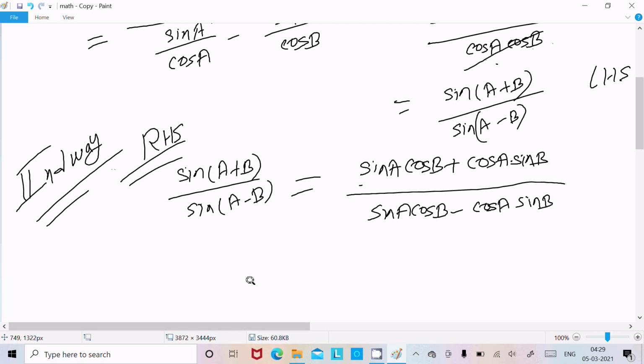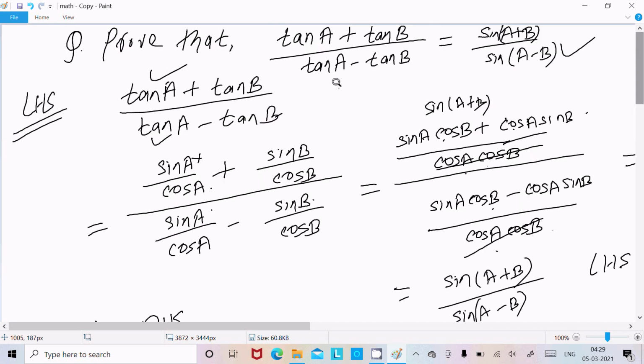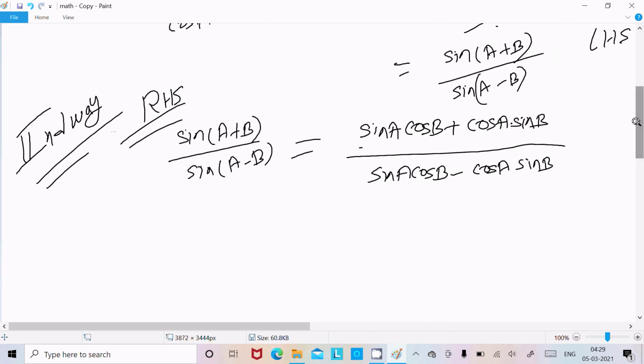Now we need to change this into the form of tan, so we need to divide with cos.